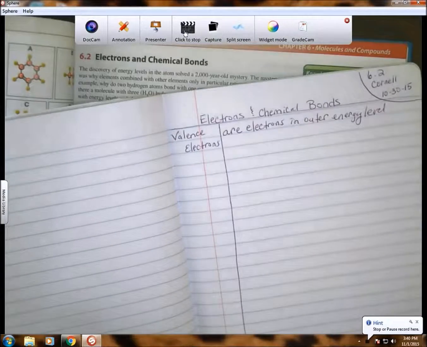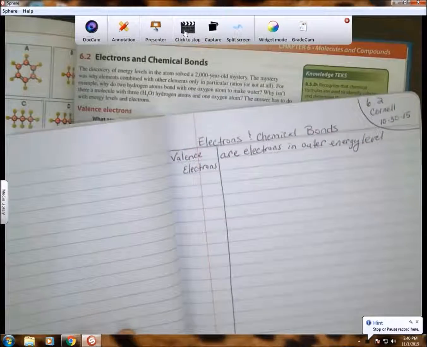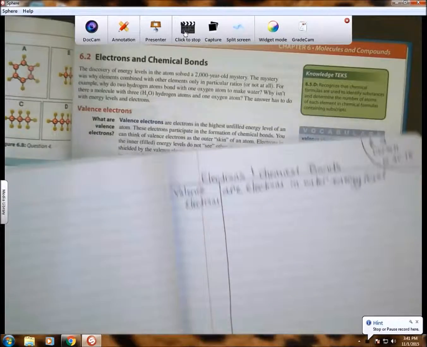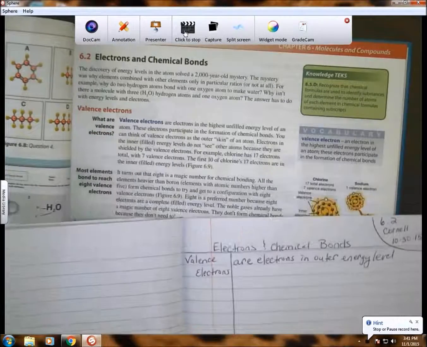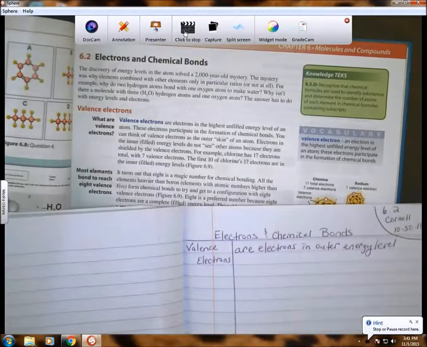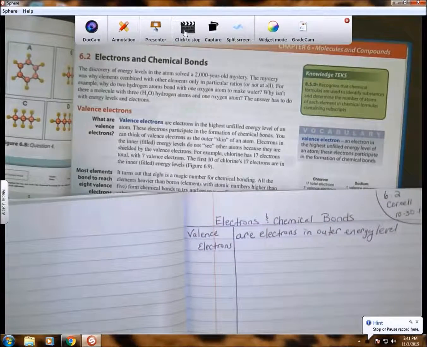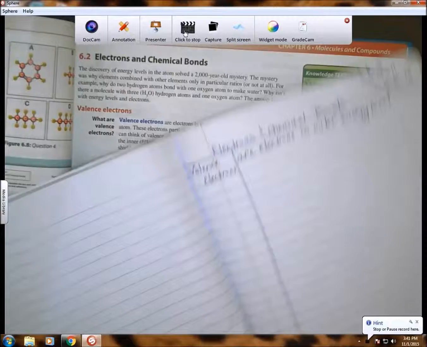They're not hard things, and they don't make the electron stay in a specific area. So we're going to use the word energy shell. Anything else there that we should write? I don't think so. So we're going to keep reading about it. And we might want to write down that the electrons in the inner energy levels are filled. So let's write that down.